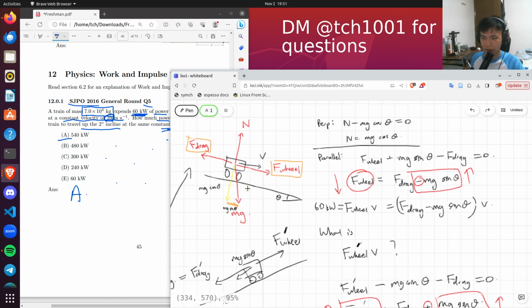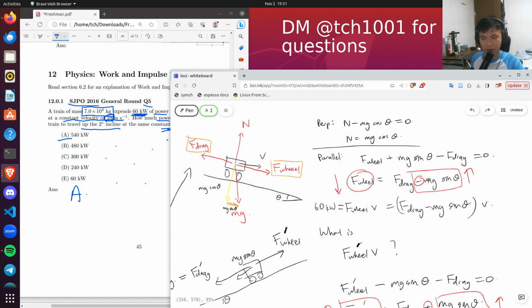In the first scenario, where the train is going downwards, the expression is saying the wheel has to work as hard as the drag force minus the gravitational force. So if gravity was stronger, the wheel will have to act less, because there's a minus sign over here. You minus a bigger number, then the left hand side would drop. That makes intuitive sense, because the stronger gravity is, the less hard the wheel will have to work to overcome drag.